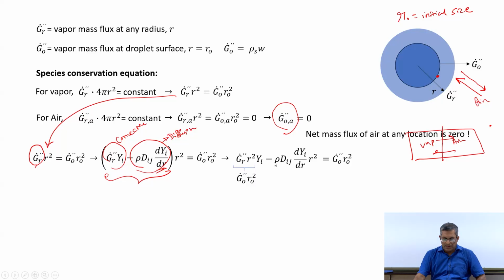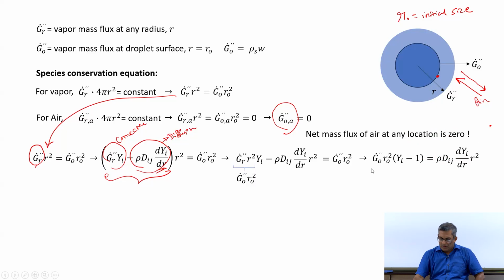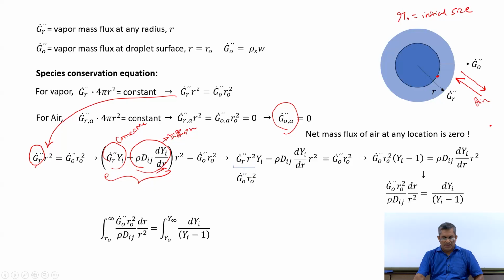So, we can simply use this here, okay, and we get this equation. Then we can simplify this equation and bring it in this form. So, what are the variables here? The variables are y and r. So, then we can integrate them.